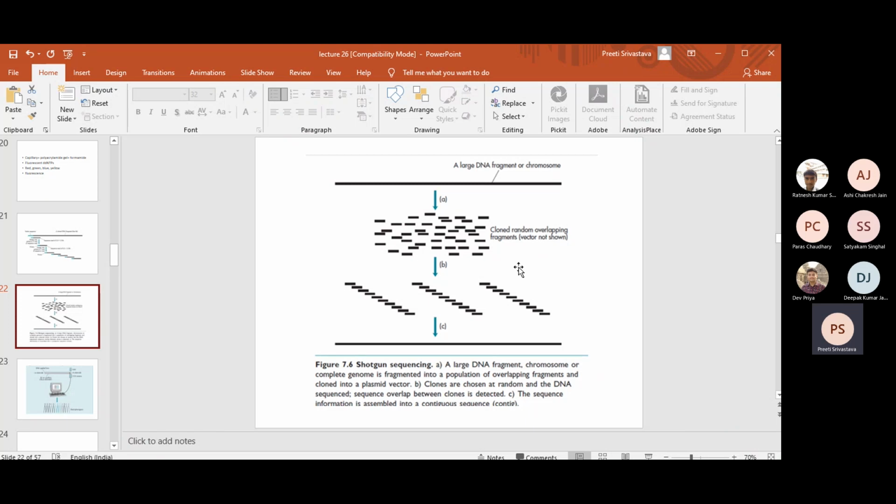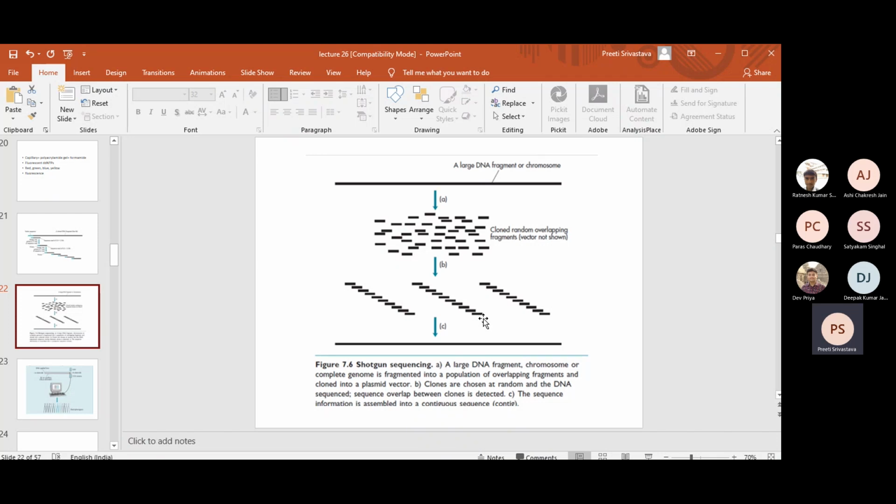These fragments are cloned in a plasmid, for example pUC19, and you perform blue-white screening, screen the right colonies, and perform Sanger sequencing using vector specific primers which are designed based upon the vector sequence.